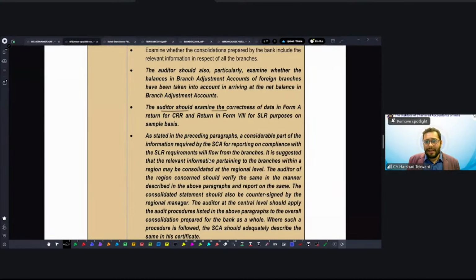The auditor should examine the correctness of the data in Form A for CRR and Form 8 for SLR. So Form A and Form 8 come from these regulations which we just now discussed. As an auditor, we are required to verify those things. Clear? Any doubt?